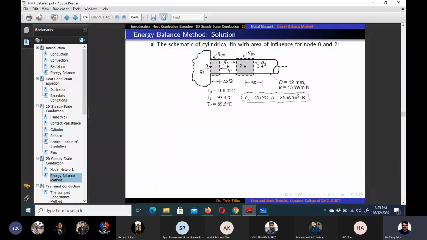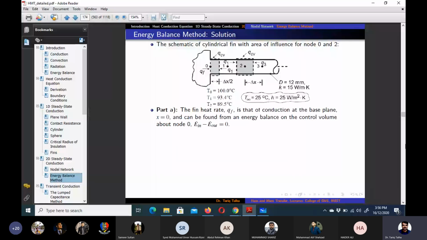In reality it would go out, but in the energy balance method we take all the heat as coming into the node. So if we apply the energy balance at node 1, we can write QF plus Q1 plus QCV is equal to 0.